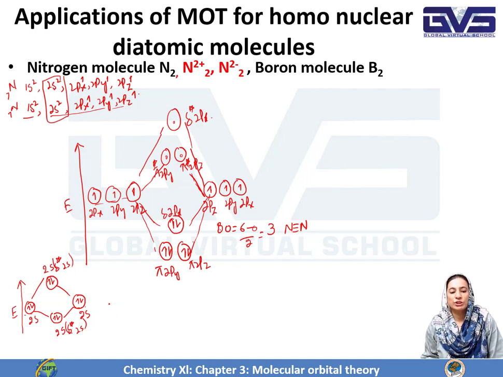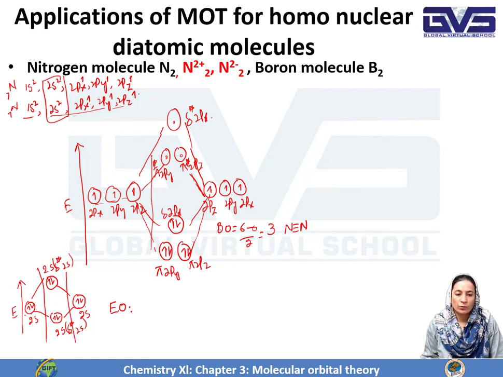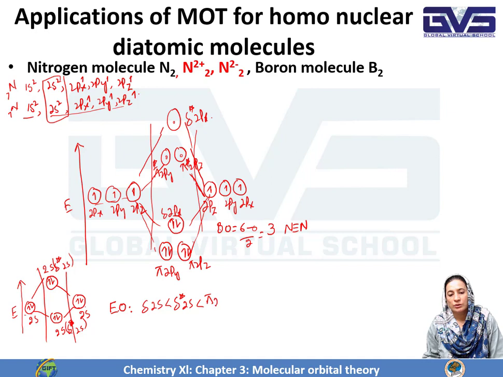Now write the energy order. Start from here, from lower to higher, then come towards this, from lower to higher. So first of all, sigma 2s is less than sigma star 2s, which is less than pi 2py.